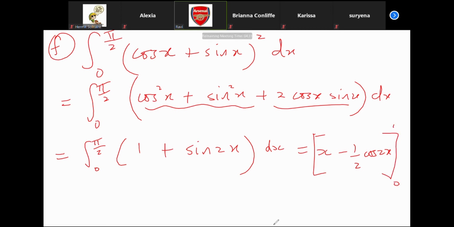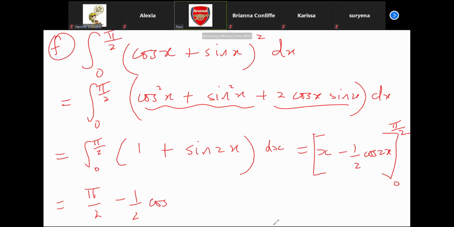How do you integrate sine squared? You might say the integral of sine is minus cos, so the answer is minus cos squared. That's totally wrong.